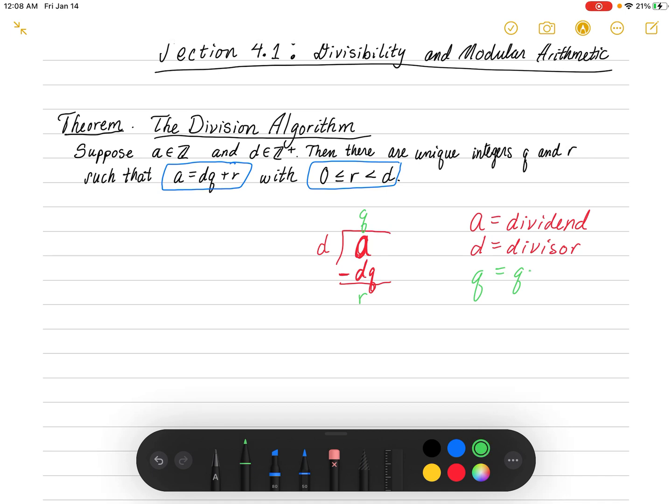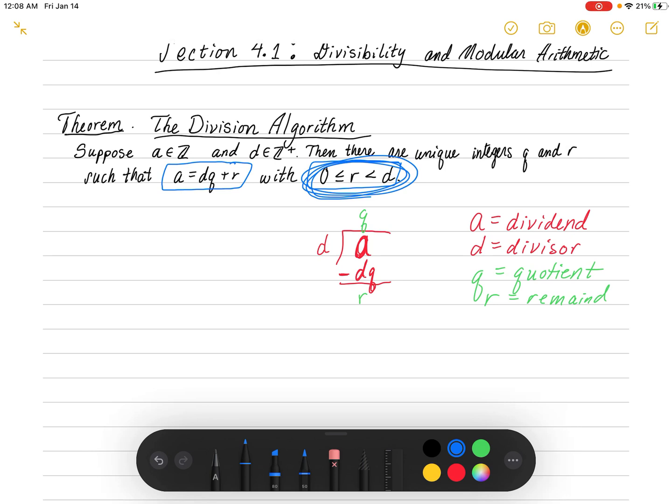And r is called the remainder. Sometimes you have a remainder of 0. Look at that inequality back in blue. Sometimes the remainder can be 0, but it's always greater than or equal to 0. It's never negative. You never have a negative remainder. And it's always strictly less than the divisor d. That's important.